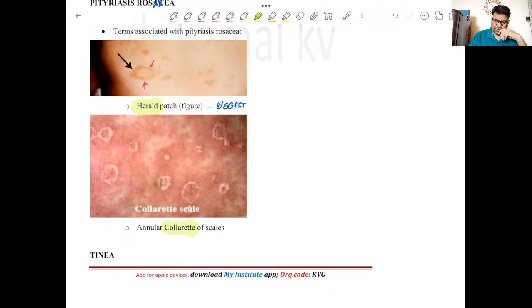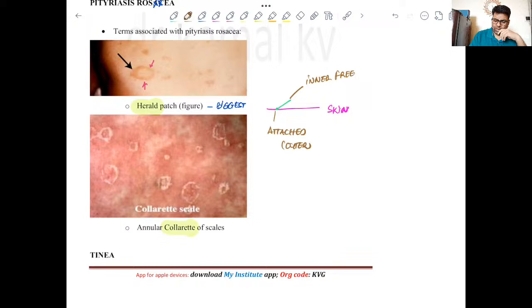These scales are such that, if this is the skin surface, the outer part is attached to skin, and the inner border is free, right?